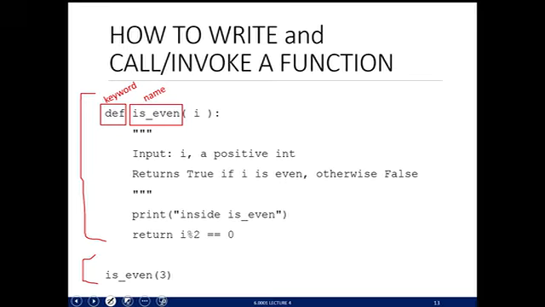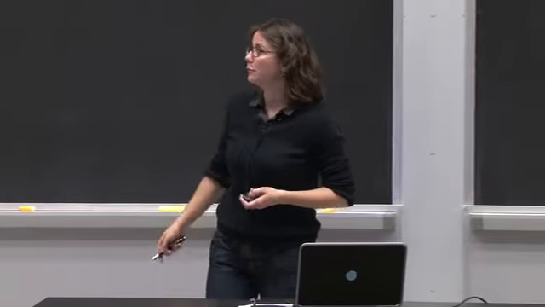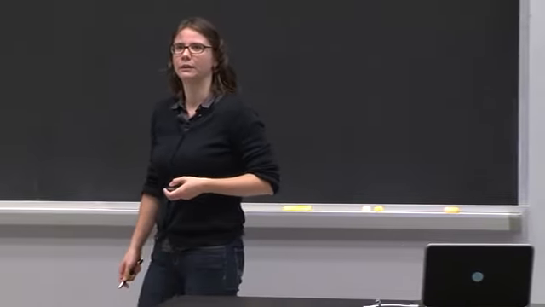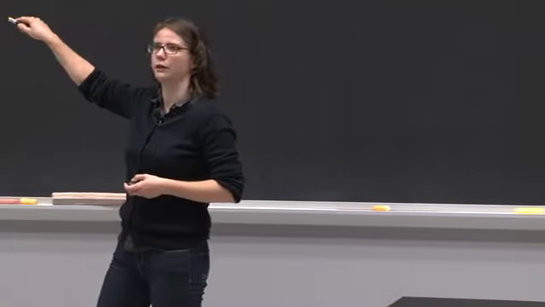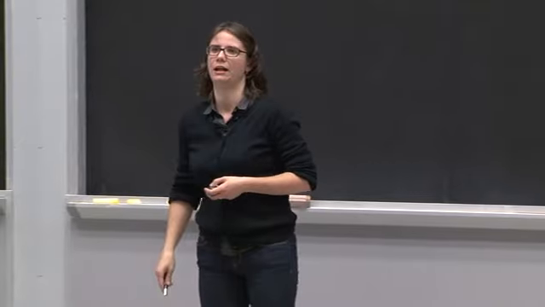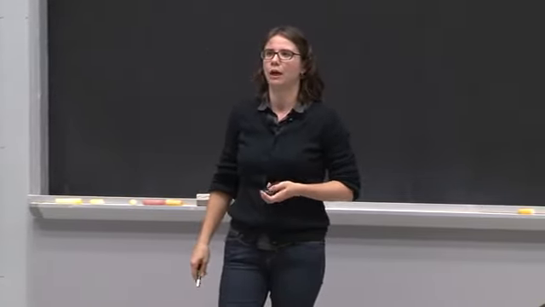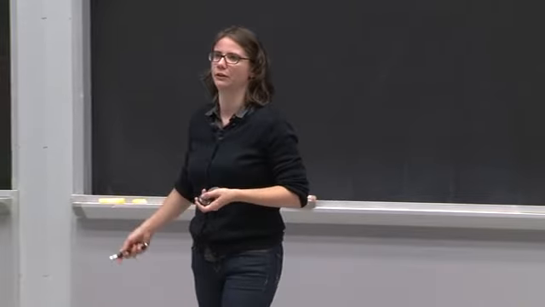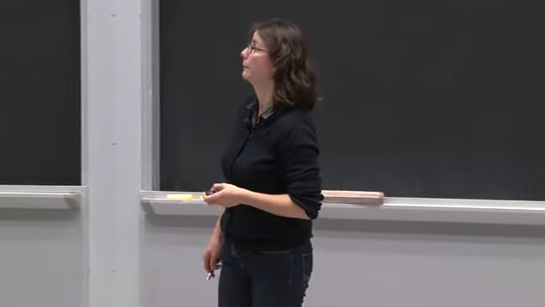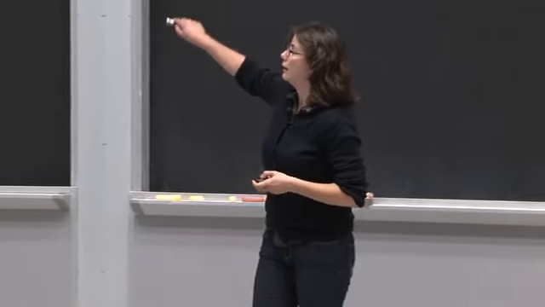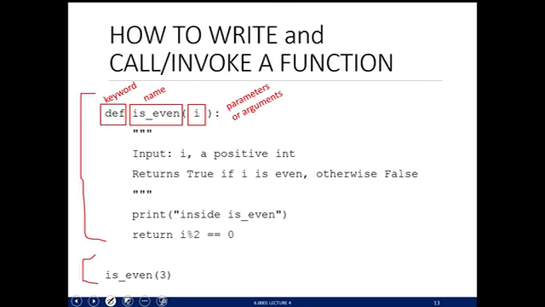In this case, I'm calling the function is_even. The function name should really be something descriptive, so that someone who's just using this function or looking at it can pretty much tell what it's supposed to do just by looking at the name. Okay? And then in parentheses, you give it any parameters, also known as arguments.